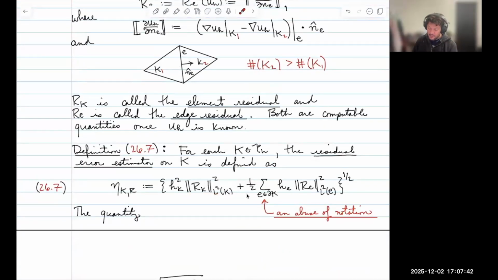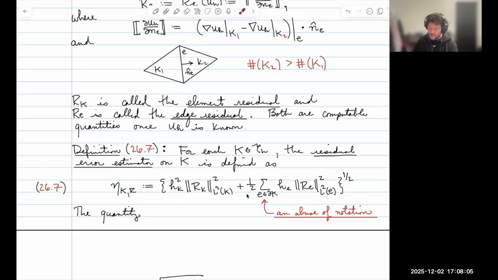And then I'm going to take 1/2 the sum over all the edges in the triangle. This is a kind of abusive notation here, an edge being an element of the boundary, but I think you know what I mean. It's one of the edges of my triangle. So we're taking the three edges of the triangle, summing them up.